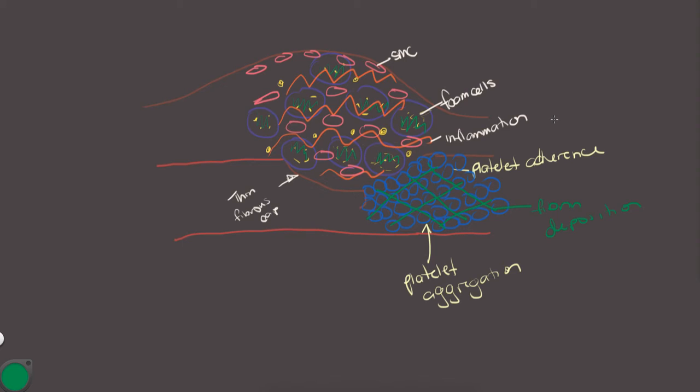When we're looking at the others that we talked about, erosion of our fibrous cap, what happens is we just see small layers of this fibrous cap being ripped off, and we have a much slower progression to platelet adherence and aggregation. And the other one we talked about was the formation of a calcium nodule, which really is just kind of like we talked about before, where the lipids get drawn in, and we get a nodule of calcium, basically a calcified plaque forming on the outside of our fibrous cap.